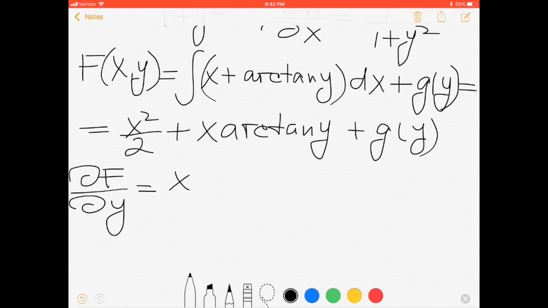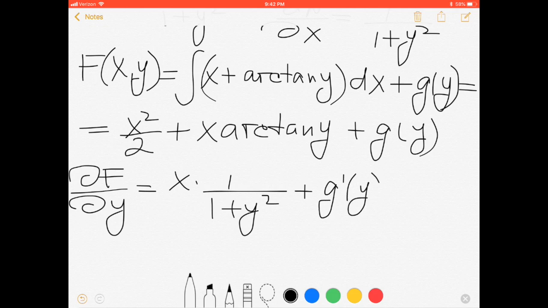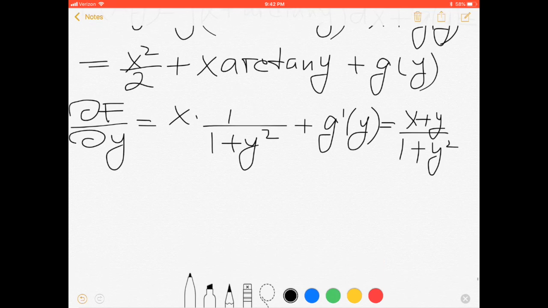And here we have x times 1 over 1 plus y squared, plus g prime of y, which needs to be equal to our function N. This means x plus y over 1 plus y squared.